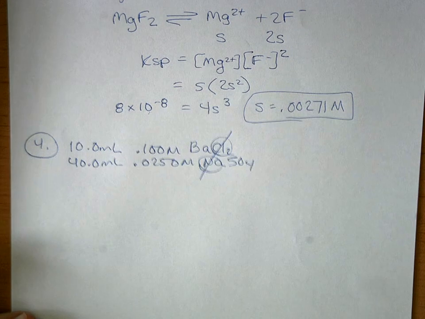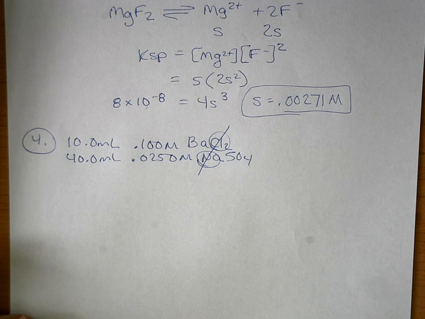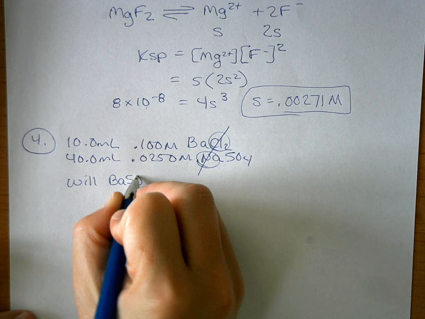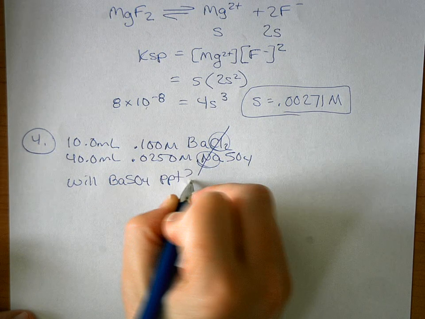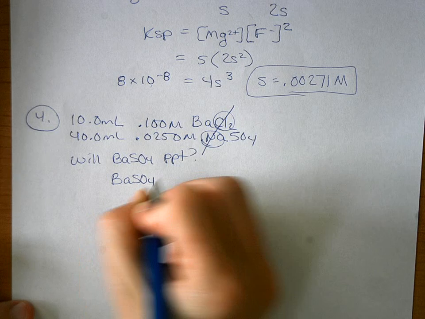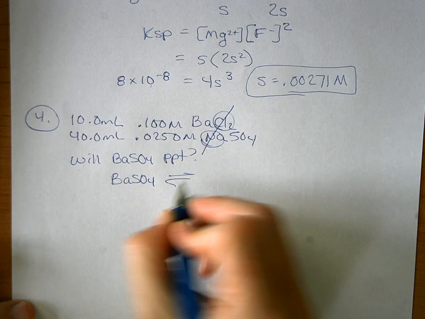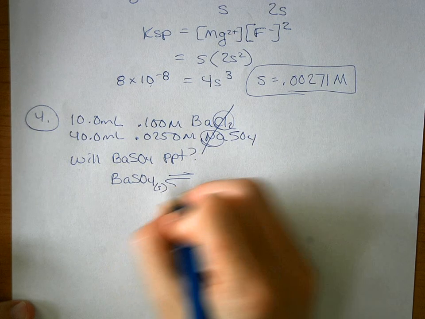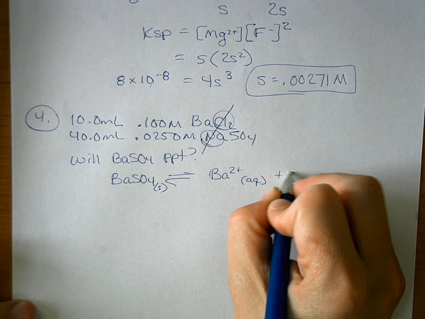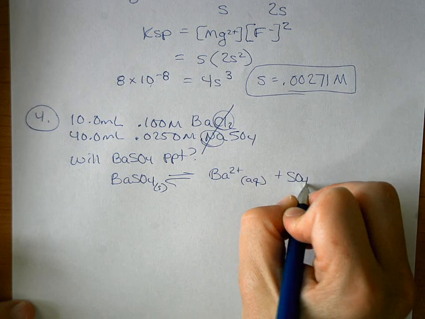Those will be soluble. So my question is, will barium sulfate precipitate? What I need to do is write out my dissociation for barium sulfate. This is solid, dissociating into barium ions and sulfate ions.